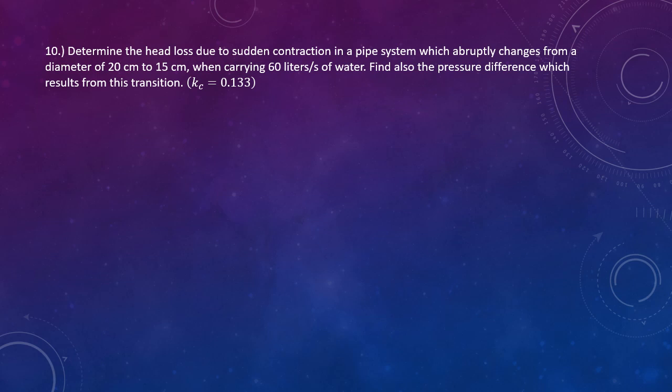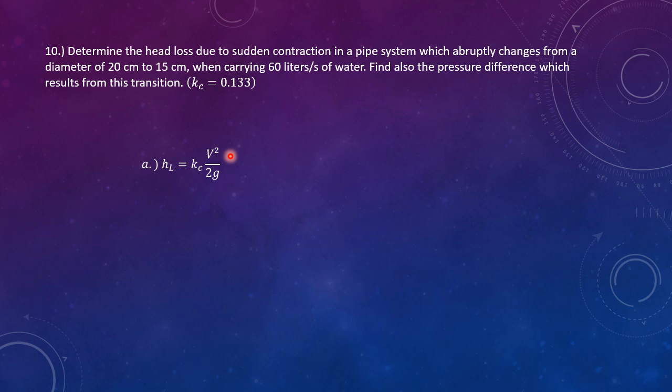The head loss due to sudden contraction, HL, is equal to Kc times V squared over 2g, wherein Kc is the coefficient of sudden contraction, and V is the velocity of flow at the smaller pipe.